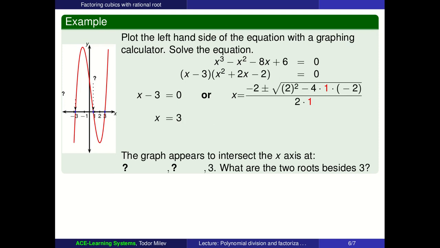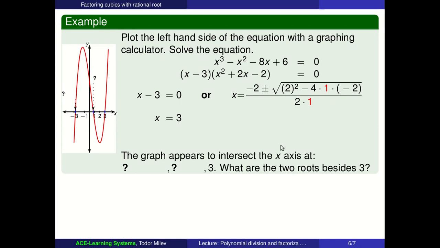x is equal to, now this quadratic here, x squared plus 2x minus 2, does not have any easy solutions. So we're going to use the quadratic formula. The quadratic formula says that this quadratic here yields us two solutions. Minus b plus or minus radical of b squared minus 4ac divided by 2a.